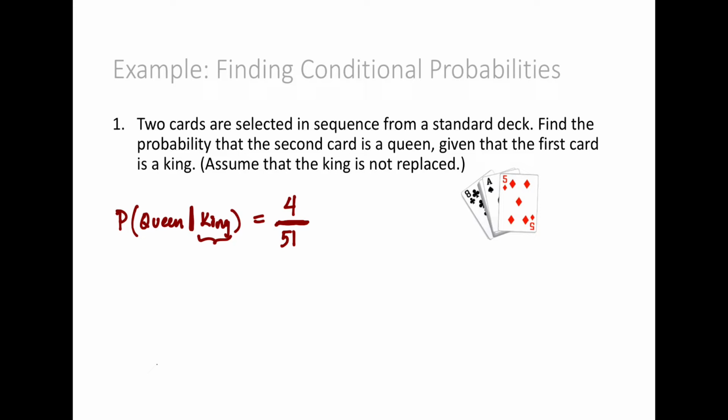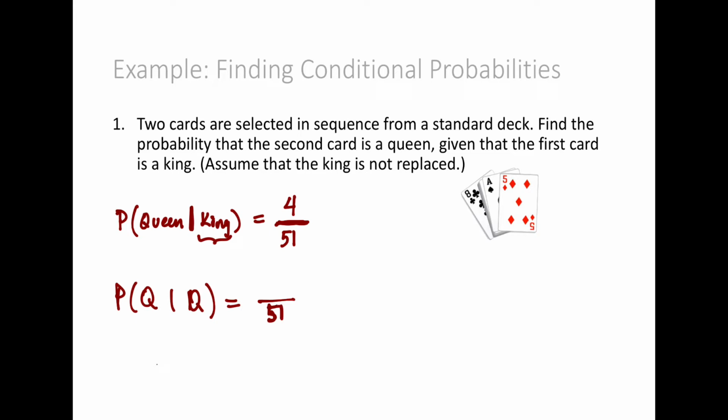So the conditional probability here affected the sample space in this particular case. It only affected that because we assume we pick a king, and so there's still the same number of queens as there was before. Now, if we were to find the probability of picking a queen, assuming that we picked a queen on the previous draw, so not a king but a queen, there's still the same difference in our sample space.